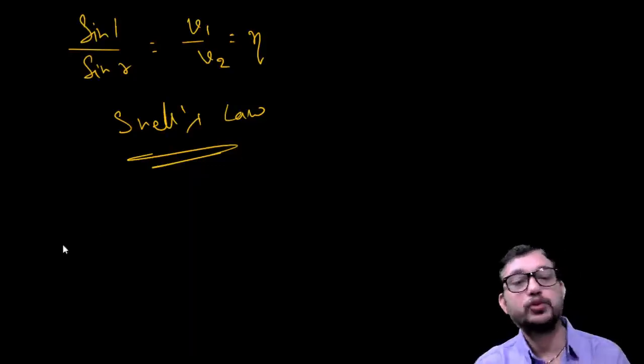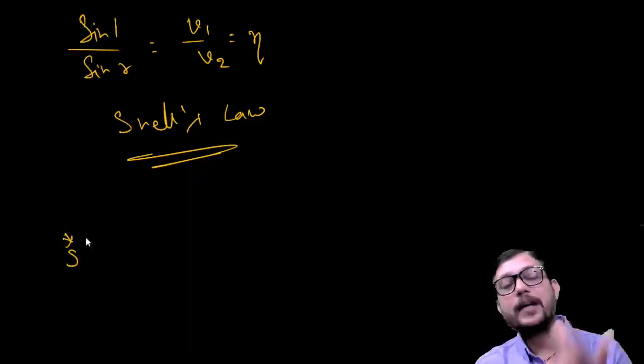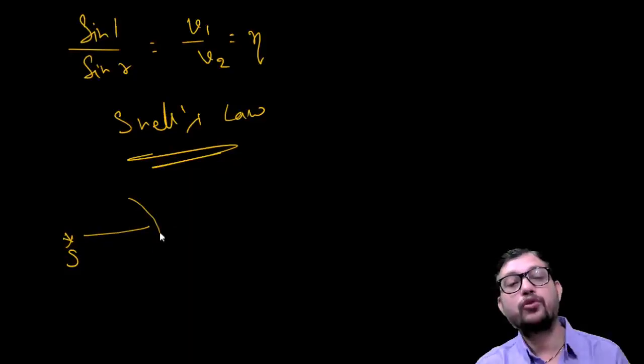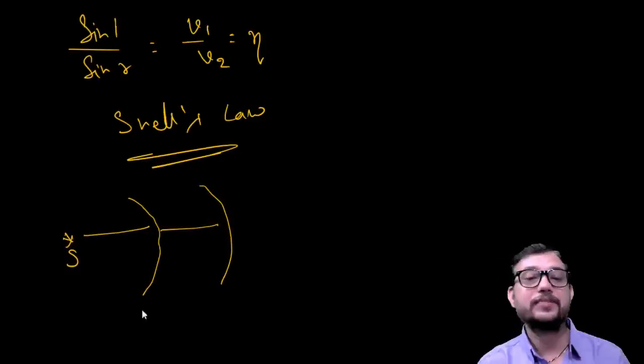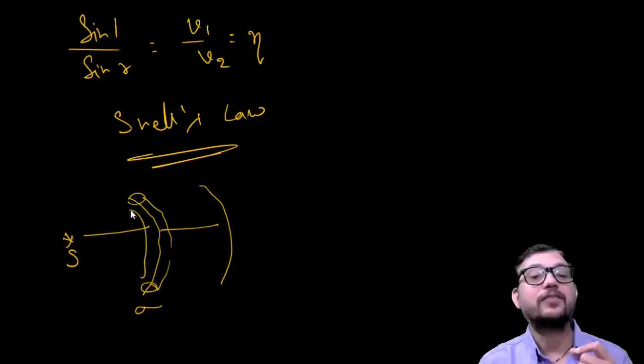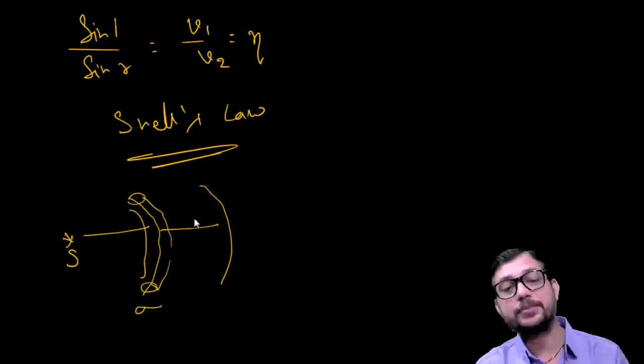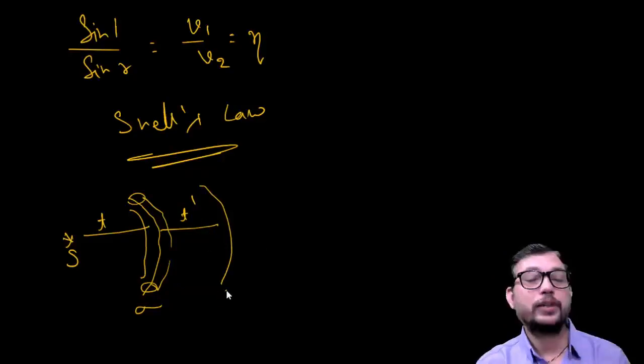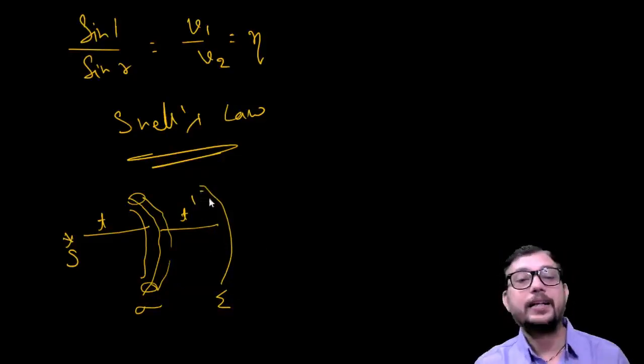You have to choose your source, then after some time you draw a surface, then after some time you draw again a surface. This is your primary surface, and the envelope on the primary surface will be the primary wavefront. After some time, let this time be t, then time t dash, we take capital sigma, and an envelope on it will be your secondary wavefront.